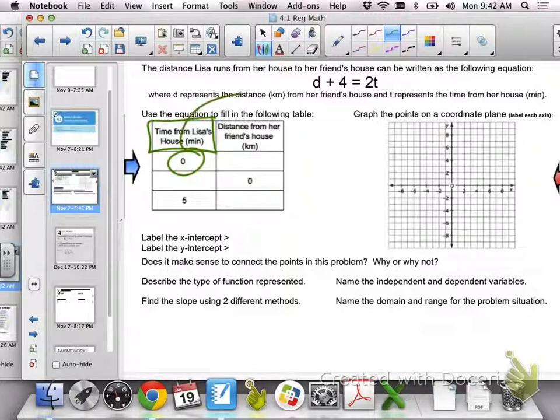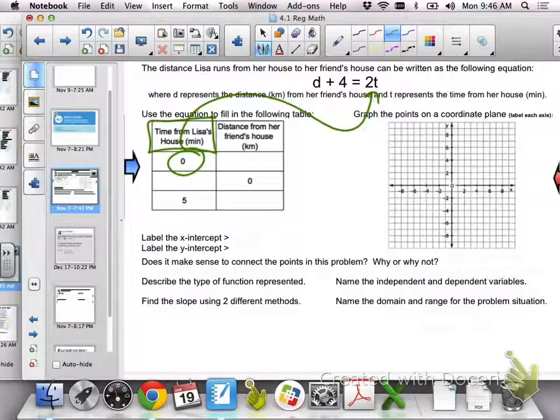I'm going to substitute this 0 in for t and solve to get d. Does that make sense? Your job right now is to fill out the table and then stop. I don't want you to graph something before we've checked it. Mrs. Eder and I are going to come around with the yellow half sheet. All you're doing right now is filling out the table.